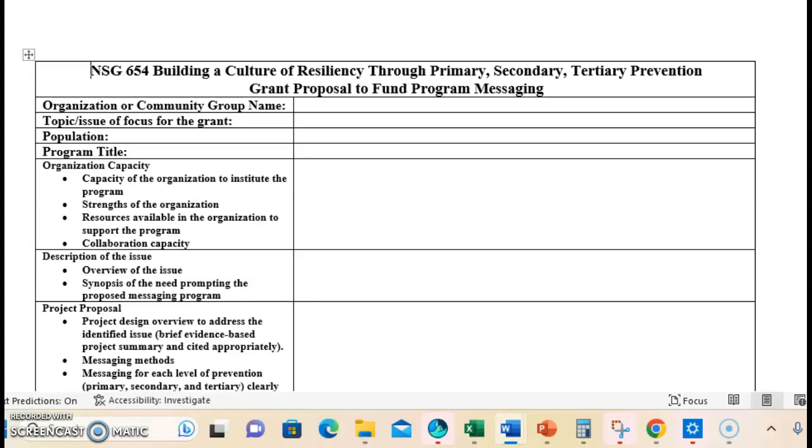Again, there is a rubric that accompanies this form and that aligns with the form very well. If you do cite sources, which I imagine that you will, particularly with project proposal, then you will want to include a reference page. If you have any questions or concerns, please do not hesitate to reach out to me.